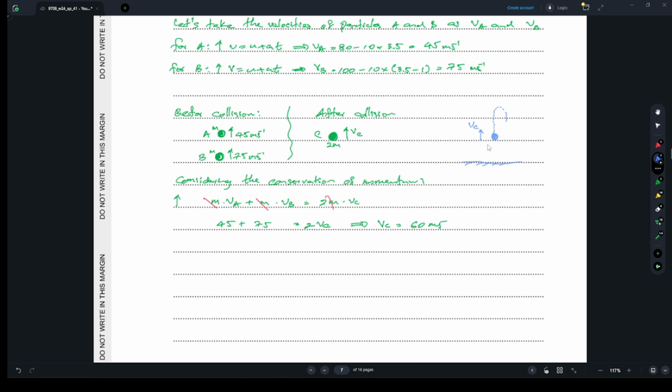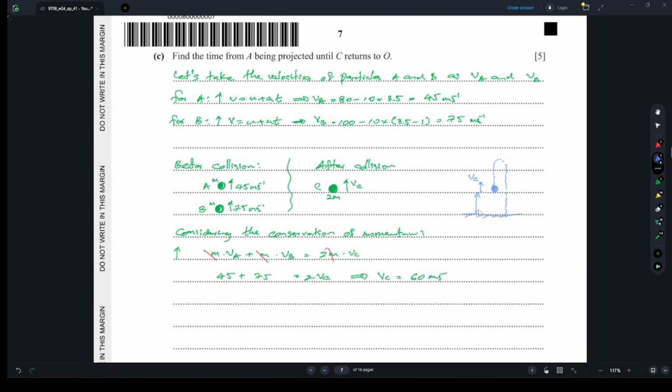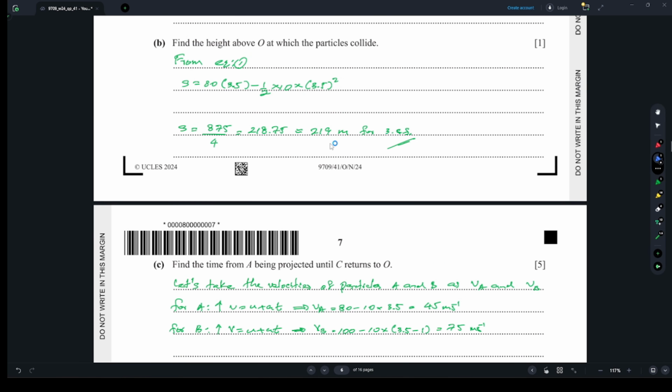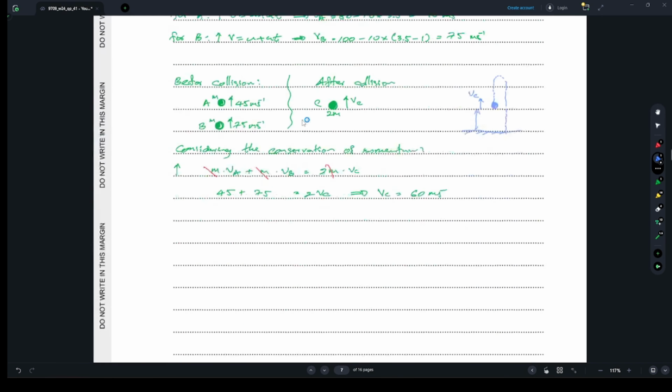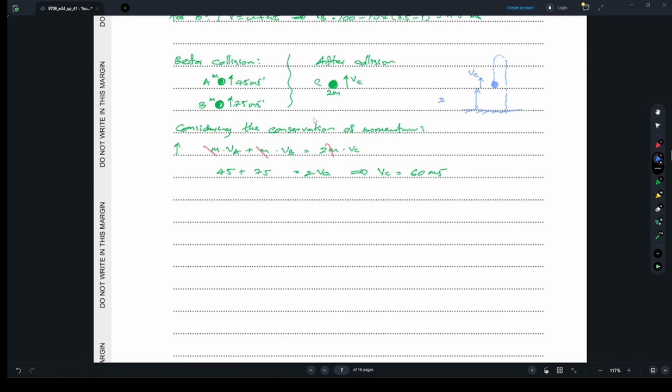It will move to a maximum height and then come down, and the distance from where the collision occurs, we found that it is 218.75 meters, and remember it is for three significant figures.